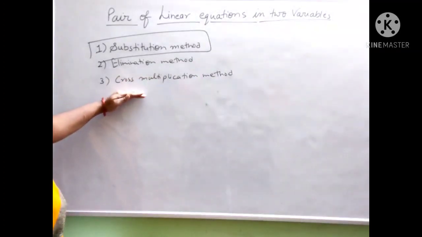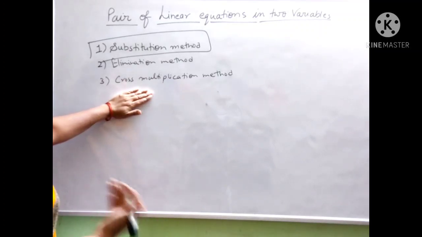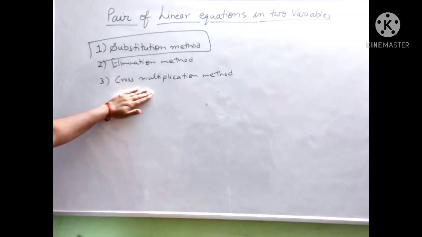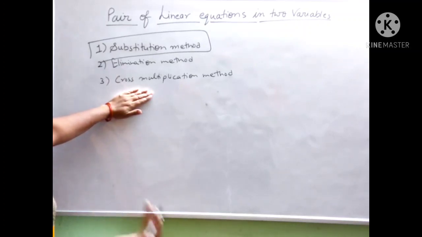In the cross multiplication method, there is a formula. If you want to learn, you can learn the formula, or if you want to know how to calculate the formula, you can do it by any method.